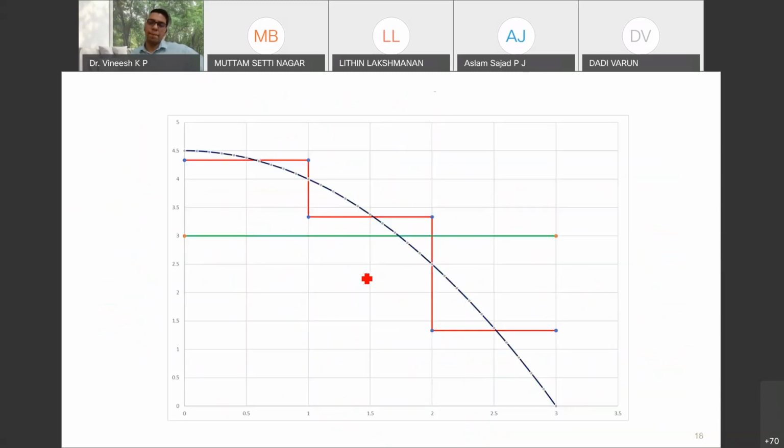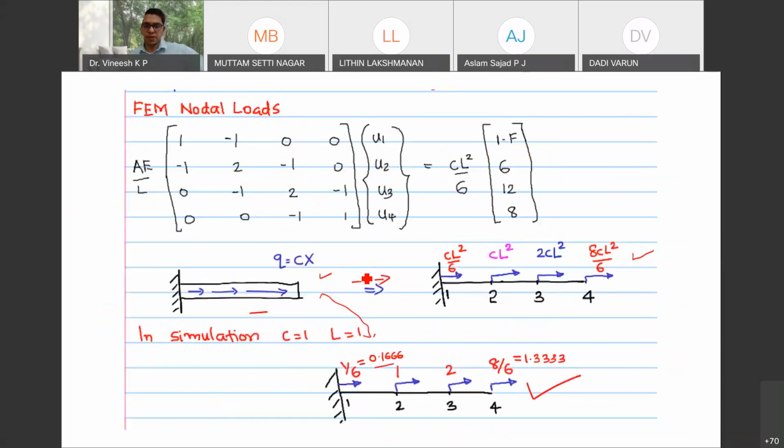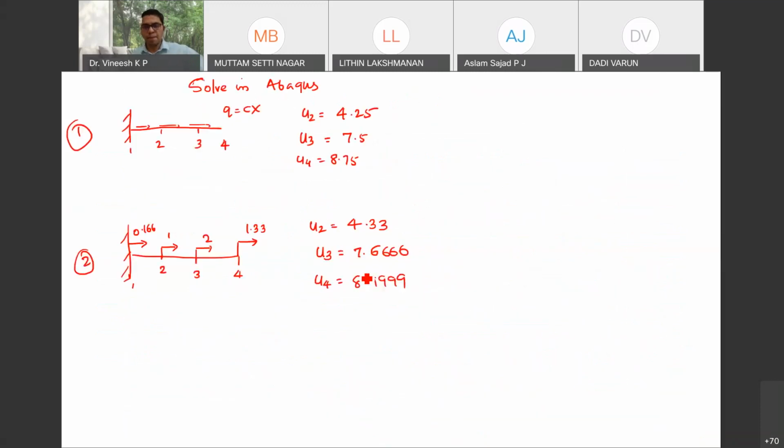So the conclusion is, I will just tell you the conclusion. Let's say you have a triangular loading. This is my first node and this is my second node. Let's say Q is equal to Cx. So here the loading is equal to 0 and here the loading is equal to CL.